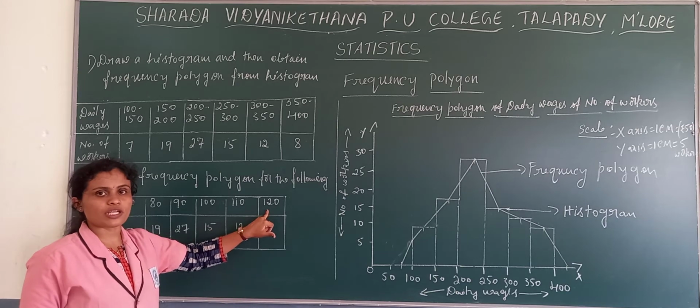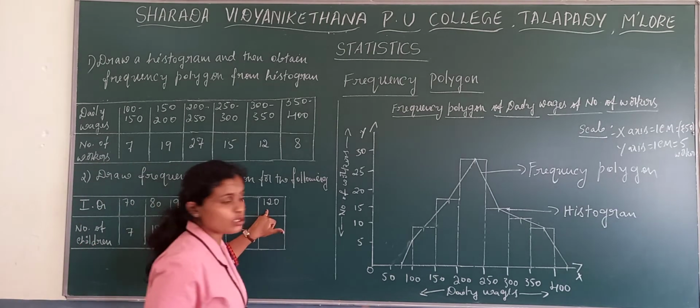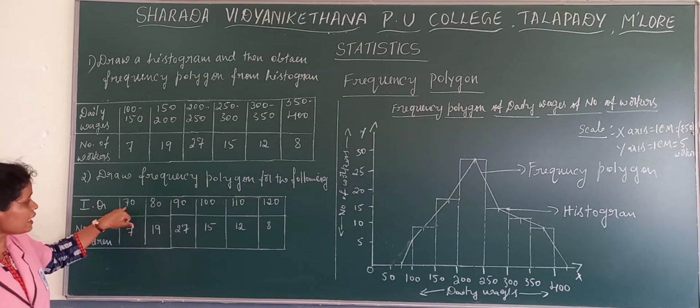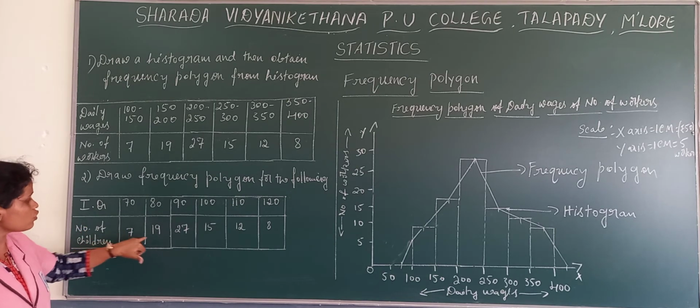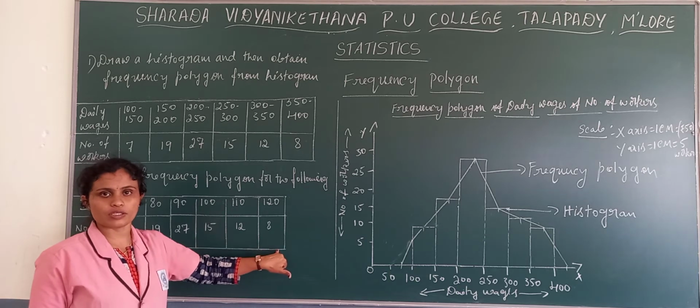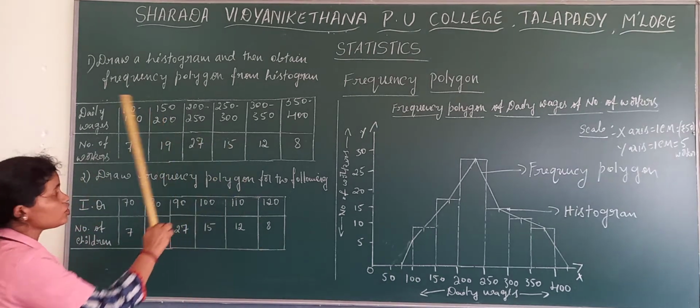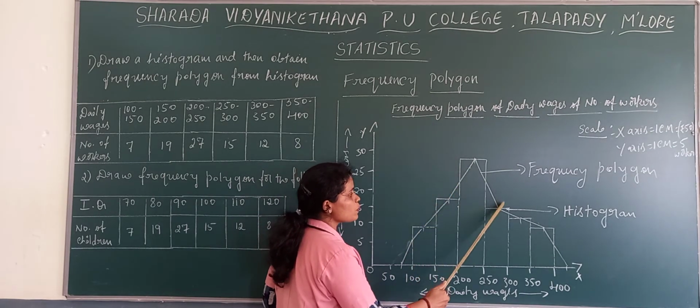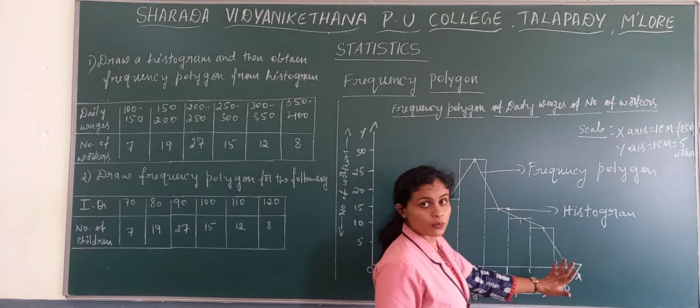These are the midpoints; when you get a discrete frequency distribution, we consider these values as midpoints and plot directly upon them. But when you get a continuous frequency distribution, you need to locate their midpoints.